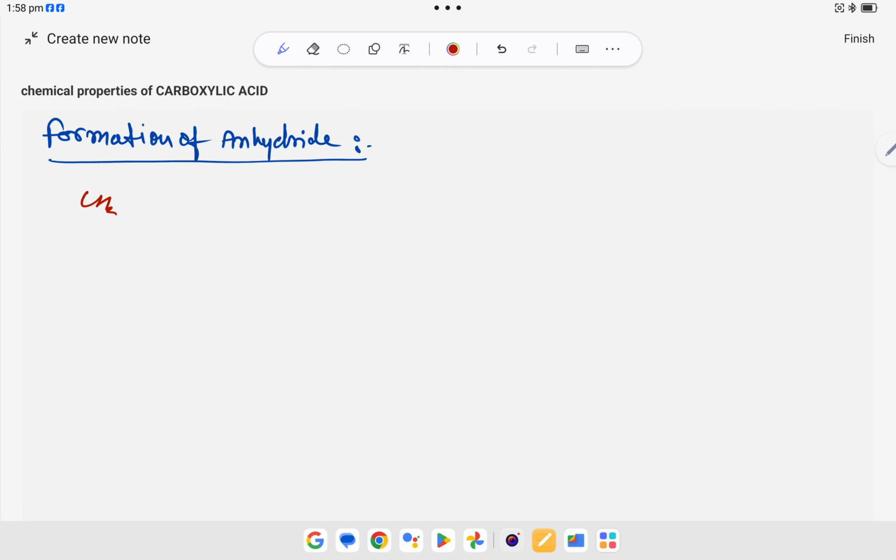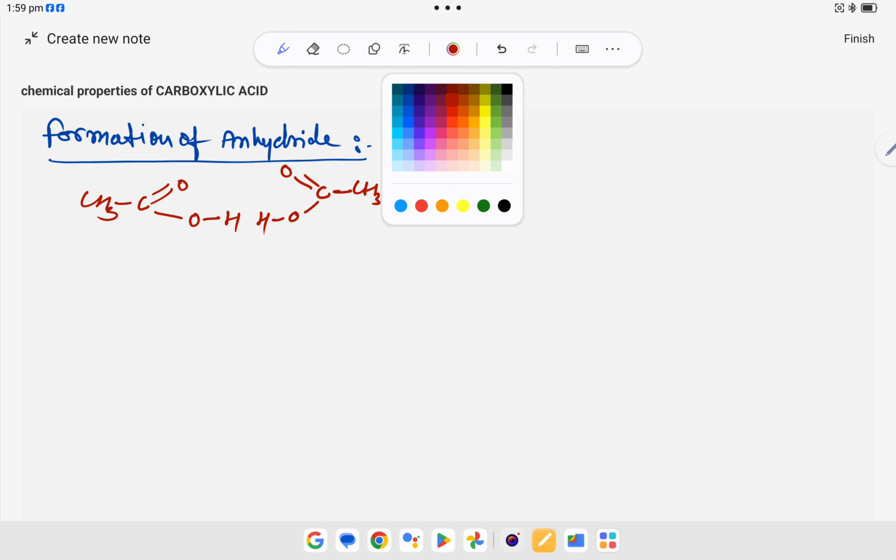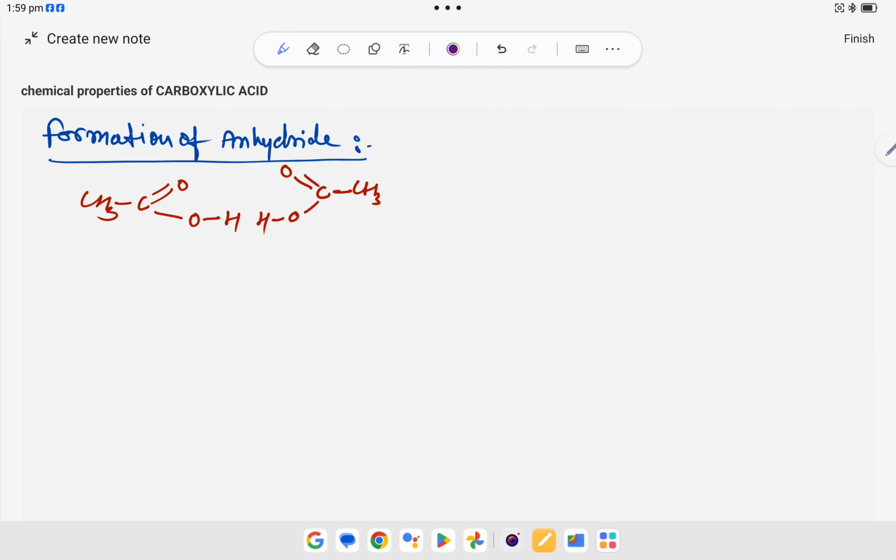CH3 C double bond O, and here O and H. One more unit, CH3 C double bond O and one more unit OH. So nothing you have to do in this case, simply you have to remove water only.